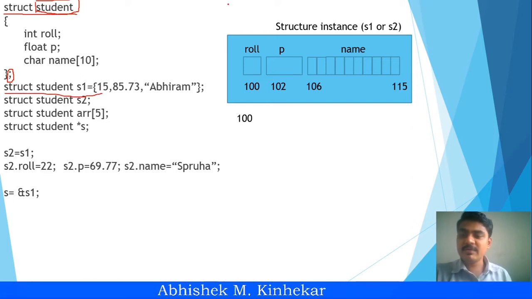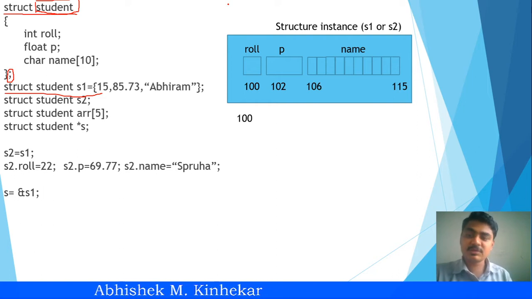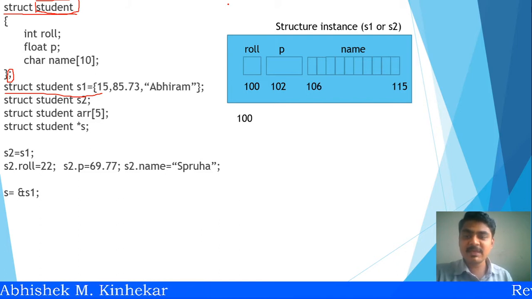What are we doing? We are creating an instance by the name S1 of structure student, and we are initializing it. How do we initialize it? Equal to, within curly brackets we write 15, 85.73, Abhiram.